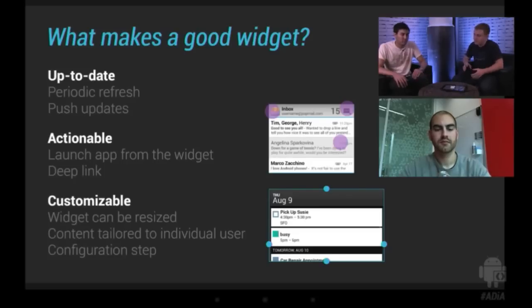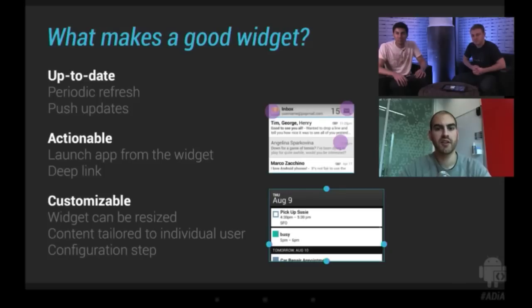Before or after the user selects which widget to add, you have the option of providing an interstitial page where they can customize what should be shown in the widget. So make use of that as well. Again, in the case of the feed reader example, you want to give them the option to specify which feeds they'd like to see in that widget. And that's probably preferable to having multiple widgets.